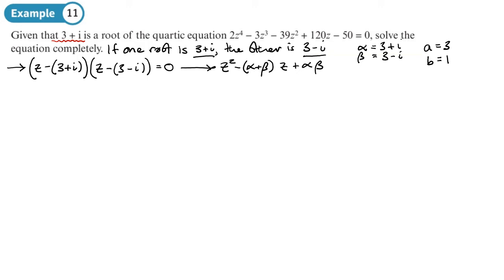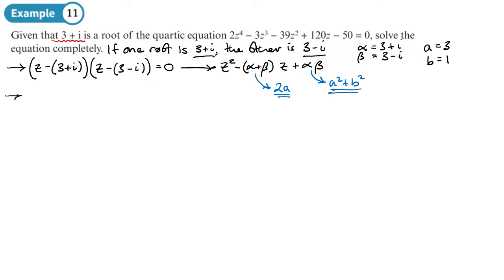But we also worked out that alpha plus beta is just 2a, and alpha times beta is a squared plus b squared. So we're going to use that to find a quadratic. That's the quick way of doing it.